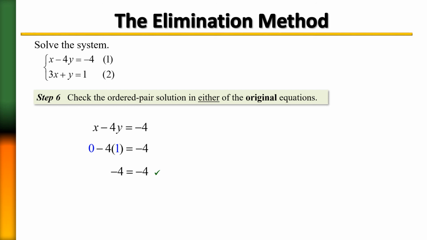Now, for those of you who may have been following along, but you plugged it into the second equation, that's fine too. Let's go ahead and do that one, and we'll show you that you'll still get the same answer. So into the second equation, plugging in a 0 for x and a 1 for y is going to look like so. And again, we can see here that it does check out. And so our solution indeed is 0, 1.